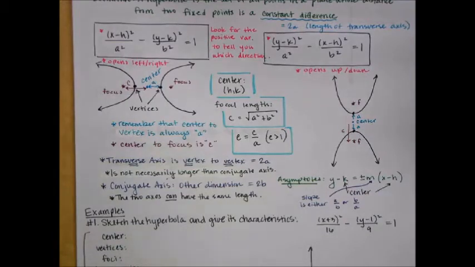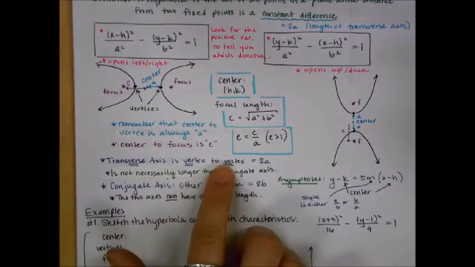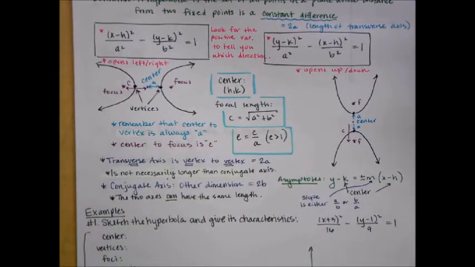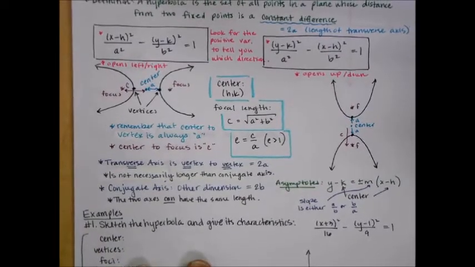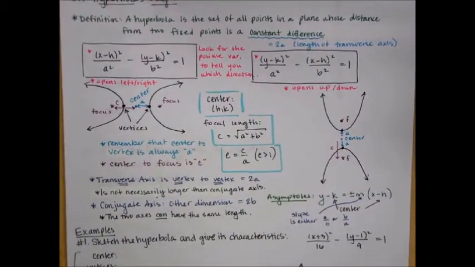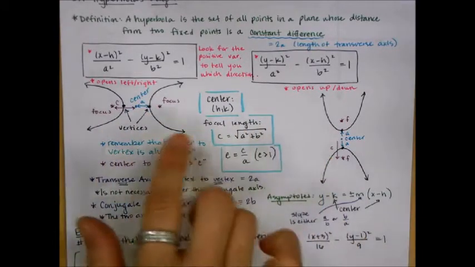The conjugate axis can be longer than our transverse axis, which is our vertex to vertex. And so where ellipses, major and minor, means major is longer and minor is shorter, that's not necessarily the case here. So there's a lot of parts to hyperbolas that you'll want these pictures and copying stuff down here.